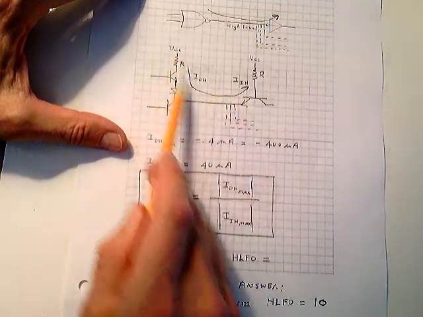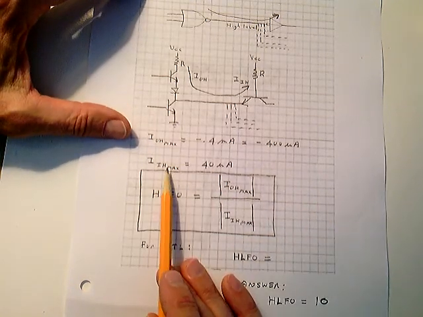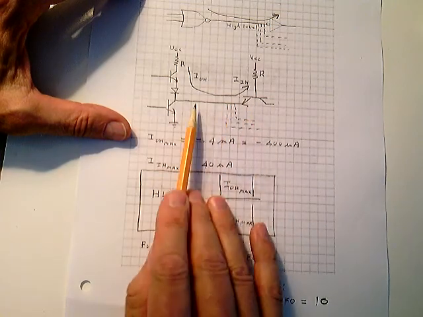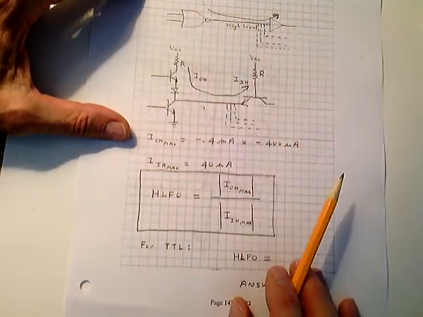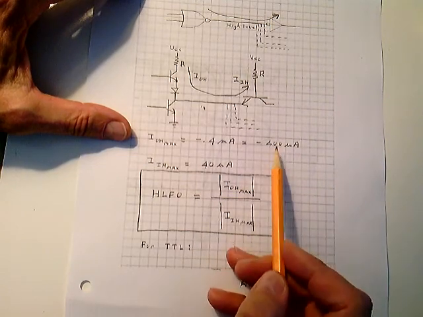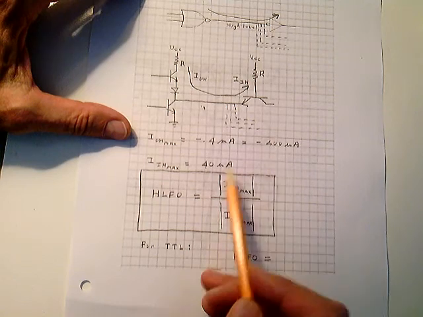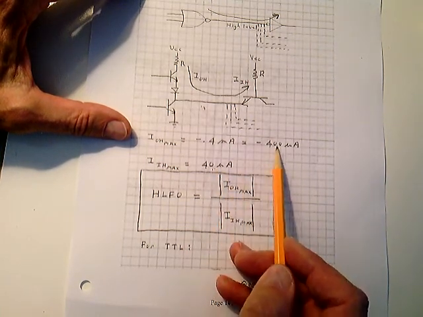It's sourcing to other devices. And for every device you connect, that leakage current was 40 microamps in the high state when this is high. So how many of these will tolerate before it gets to 400?